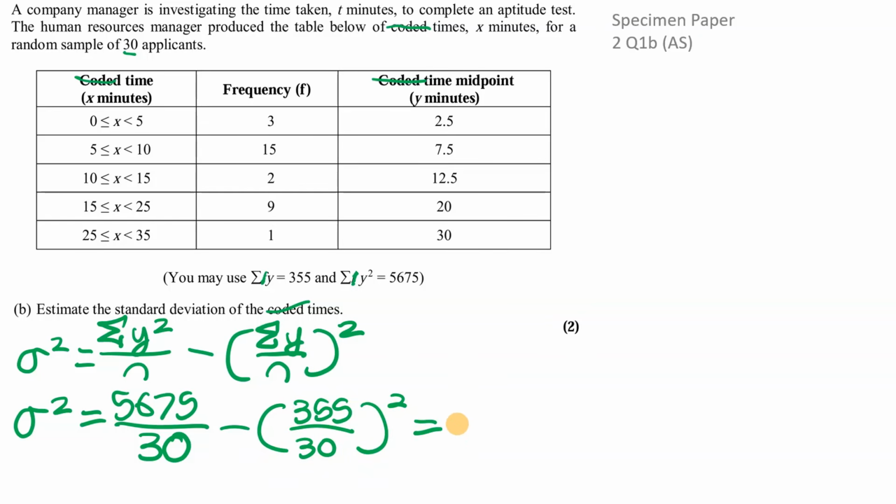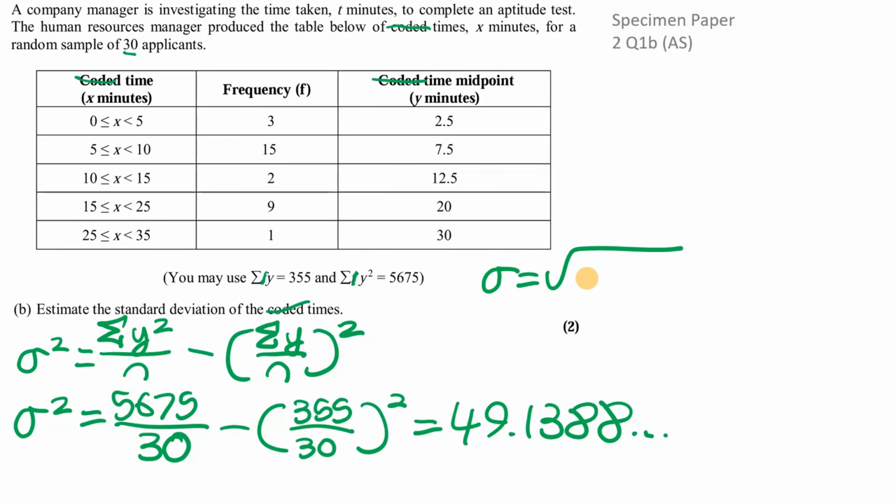If you put this into your calculator, it's equal to 49.1388, and then so forth. So therefore, the standard deviation is going to be the square root of this 49.1388, which if you put this into a calculator to 2 decimal places, is 7.01.